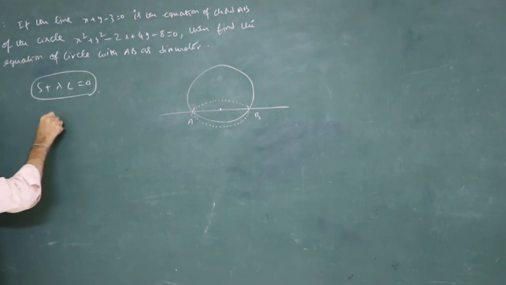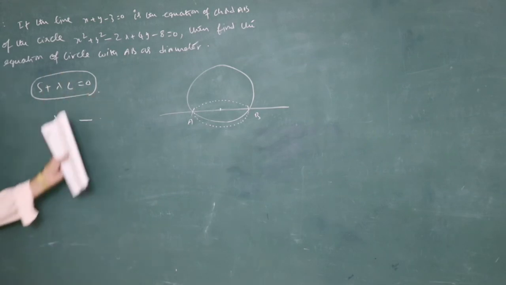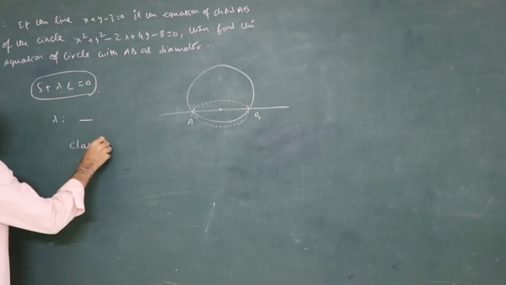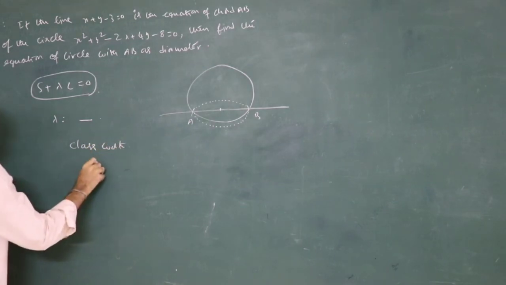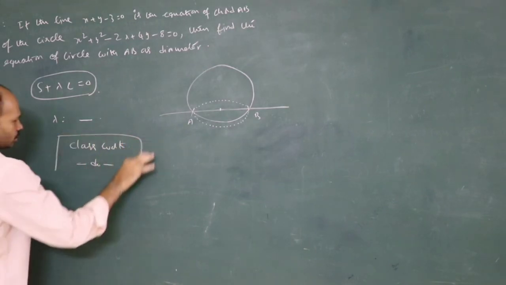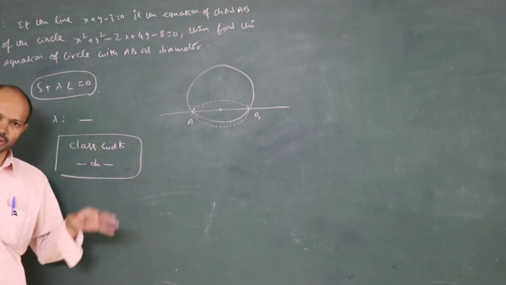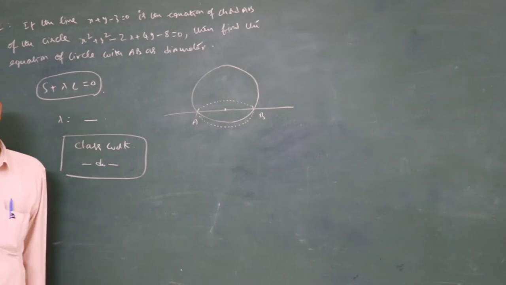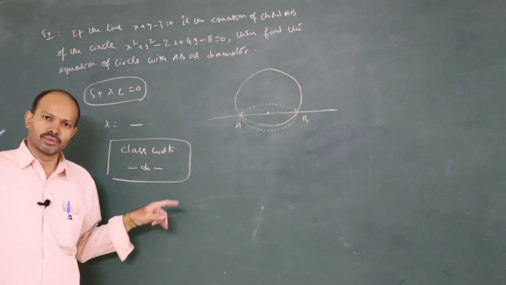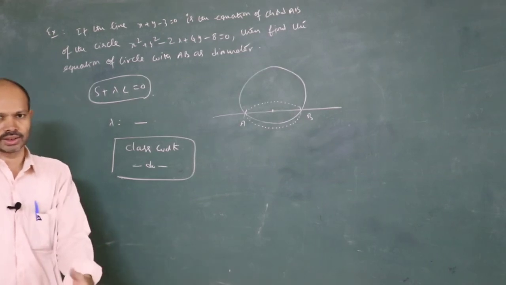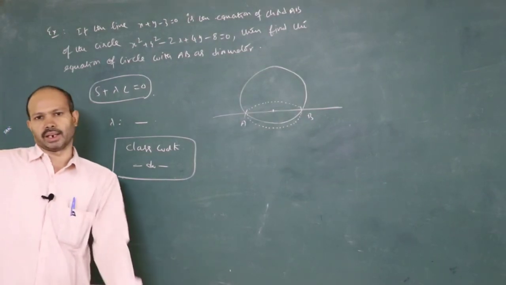You get a lambda value, and the model follows your solution. Do it in your classwork, do it yourself. These are the very important standard models coming in exercise A of your system of circles. By our next class, we can go to the next concept and the problems of second exercise. Thank you.